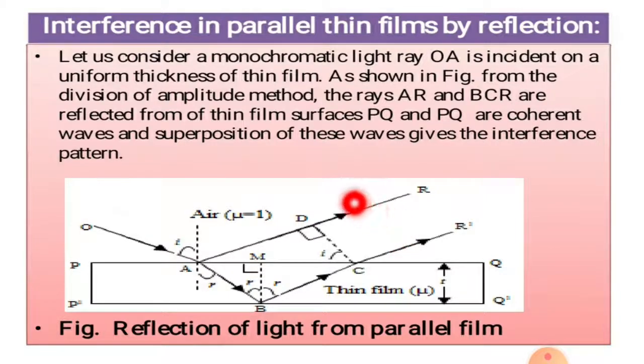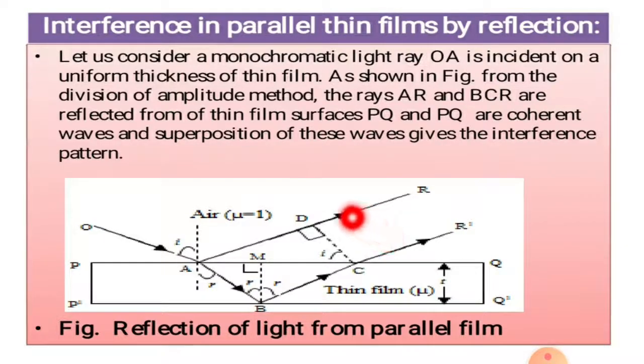Here, these two reflected light rays are superimposed with each other and produce an interference pattern in the thin film. Now, we find the conditions for bright and dark fringes in the interference pattern. These bright and dark fringes, that is, the maximum and minimum intensities, depend upon the path difference between these two reflected light rays. So first we find the path difference between these two reflected light rays.